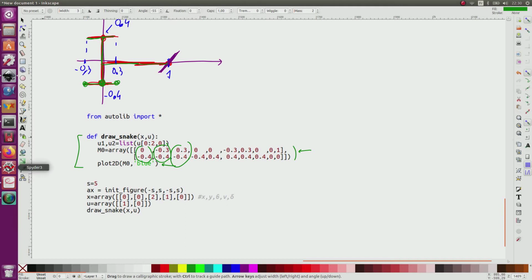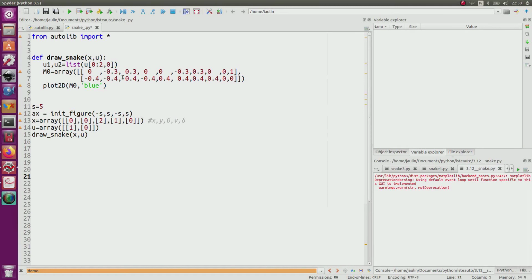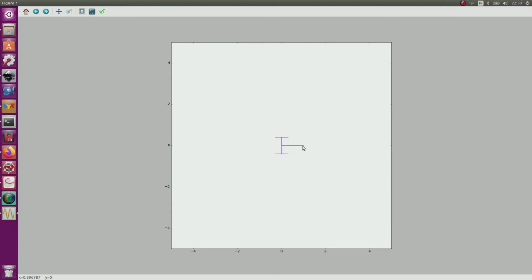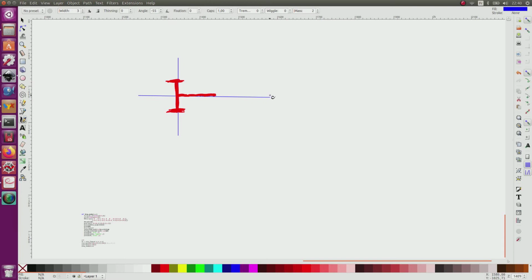I switch to Python. I have my program here. I run it, and I have here the picture of my initial sledge. If I want to draw the whole vehicle, so here I have X and Y. I want to put it at this position, let's say also X and Y, with a given heading theta. So from this I have to perform some transformation.